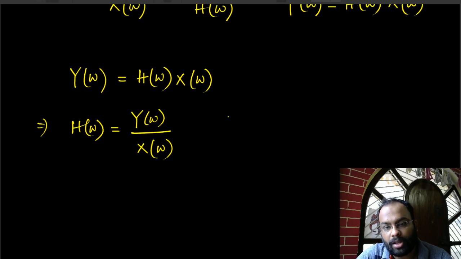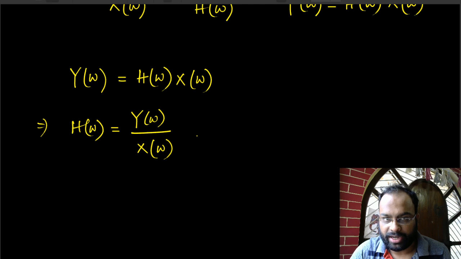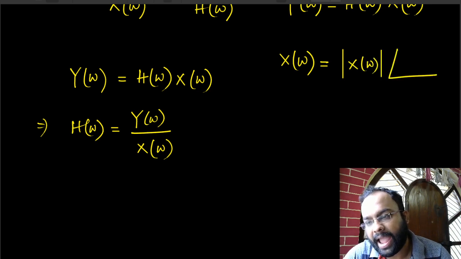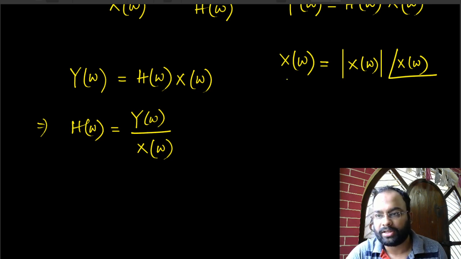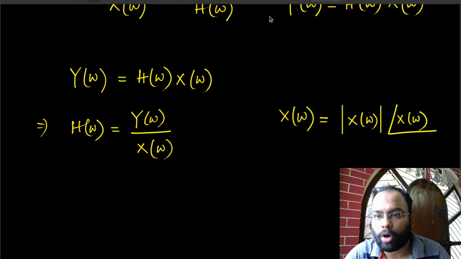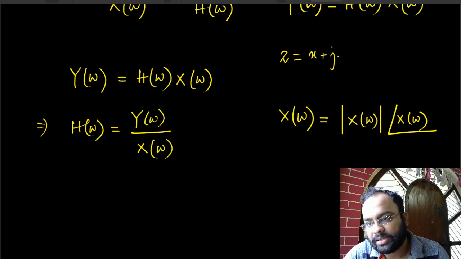Now look very carefully: H(ω), X(ω), Y(ω) are all complex quantities. So I can write X(ω) as |X(ω)| angle X(ω), a simple representation for a complex number. Say we have a complex number z, for example z = x + jy.